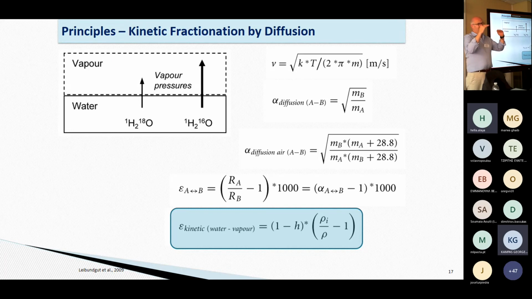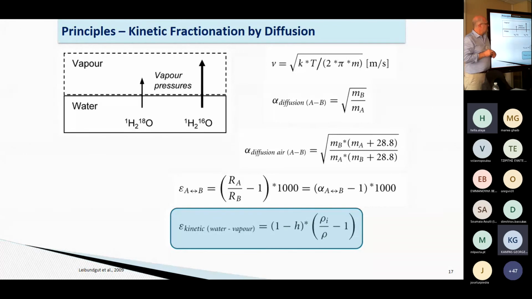There will be a little fractionation effect, and actually we have calculated, there was a scientific question, does Earth lose vapor and how much? But the isotopic effect that we have since creation of Earth is very, very small. So luckily Earth loses very little vapor to space. Yeah? So this will be the first equation.